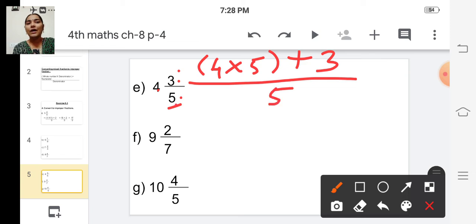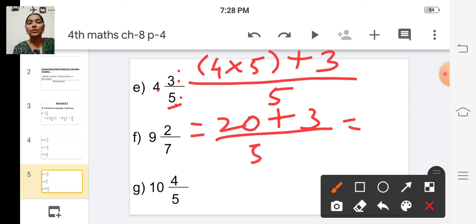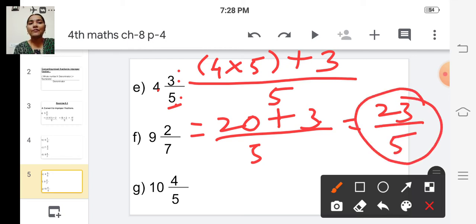Denominator is 5, which is equal to 4 5s are 20 plus 3 divided by 5, which is equal to 20 plus 3 is 23 by 5. So 23 by 5 is an improper fraction for 4 3 by 5.